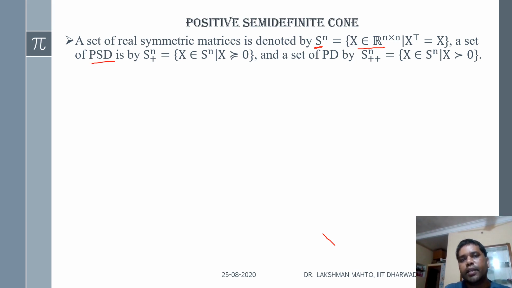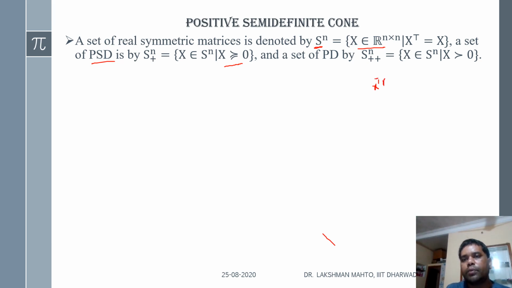Now, once we have defined the class of all n by n symmetric matrices, we are going to define the class of all positive semi-definite matrices. That means it is a symmetric matrix which satisfies the positive semi-definite criterion.